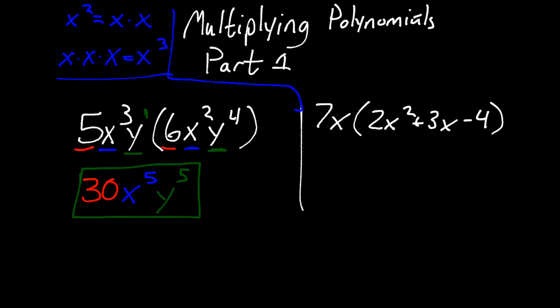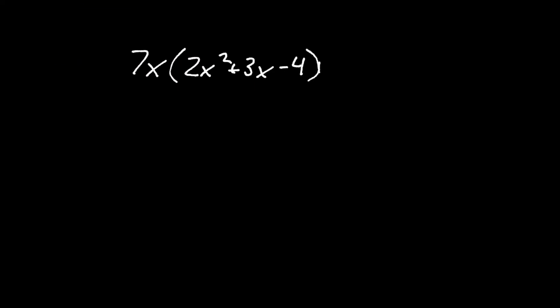But what if we have a monomial times a polynomial, as we see here? I'm going to erase some of this stuff over here, and let's take a closer look at this monomial times a polynomial. Alright, so here is our monomial of 7x times our polynomial of 2x squared plus 3x minus 4. In order to take care of this multiplication, we have to use the distributive property.